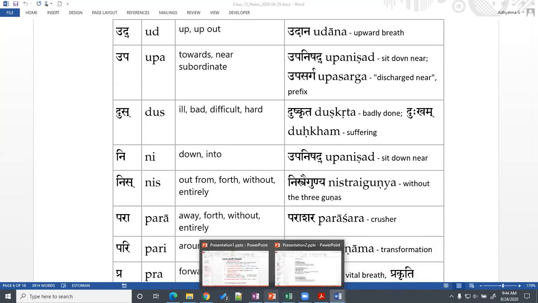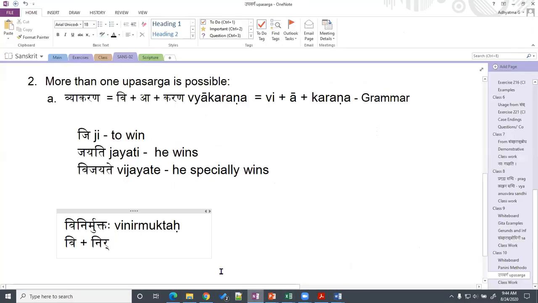So vinir mukta comes from there. So it becomes nis plus mukta. Because of some rules, it will become vinir mukta.